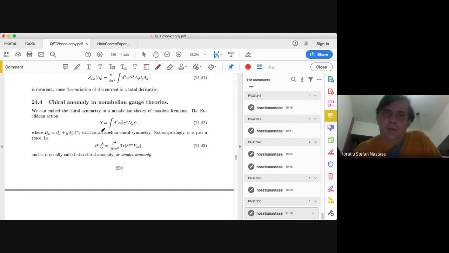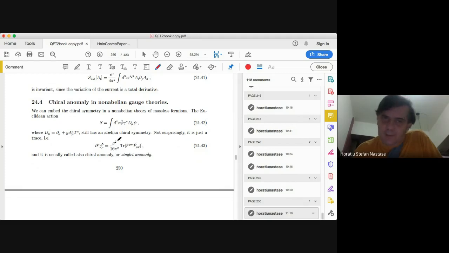And then, not surprisingly, if I calculate this, the argument is still the same, that ∂_μ j^μ_5 should be proportional to g squared and ε^{μνρσ} F_μν F_ρσ. But now there's an issue because this is non-abelian, so the only possibility is to be proportional to a trace of this thing.